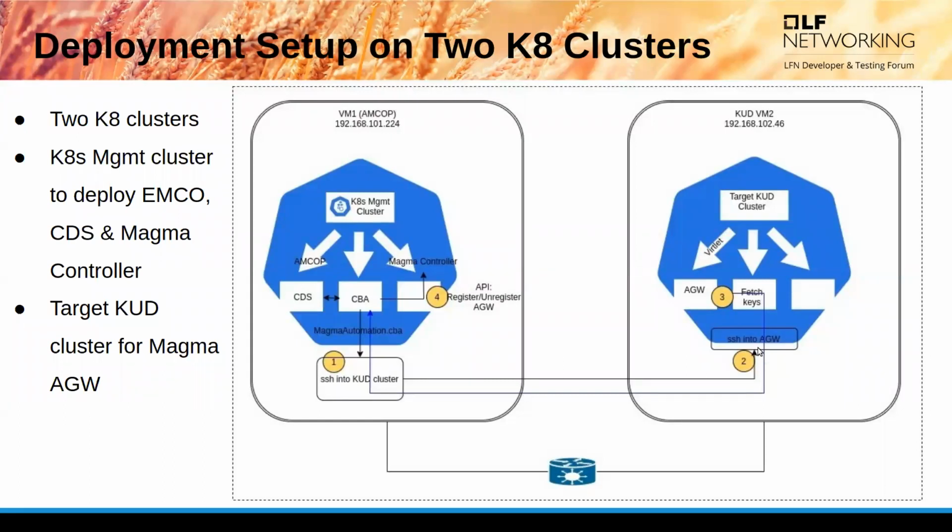And then when you land in this cluster, you need to do another SSH to this AGW. And then AGW has a built-in script, which they call show gateway info. When you run that Python script, it will create the hardware key and the challenge key. And that is what has to be fed back to the Magma controller.